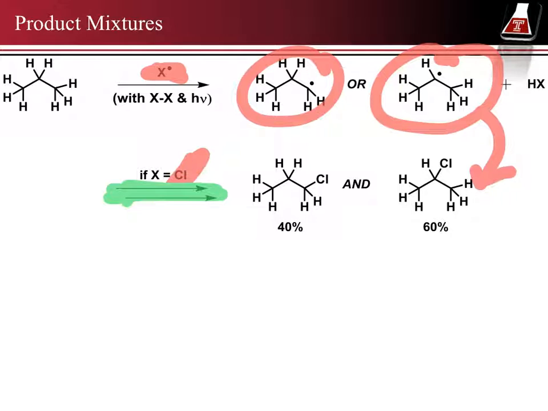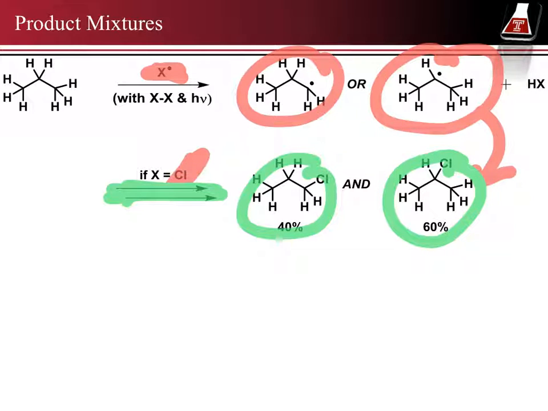All right, but when this reaction is done in a flask, we get the result of 40% primary chlorination, okay, 40% primary, and 60% secondary.